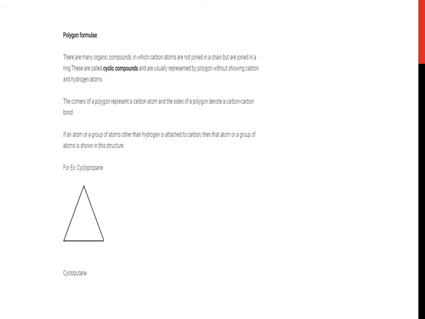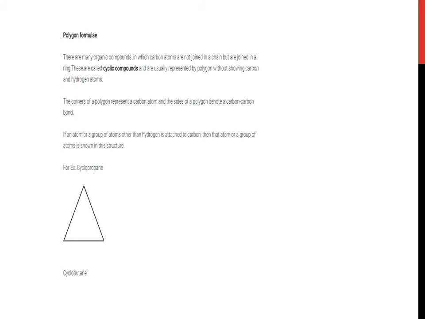For example, you are dealing with cyclopropane. It contains how many carbon atoms? It contains 3 carbon atoms, and the word cyclo indicates it's a polygon formula. It means there must be fewer hydrogens so that it cannot be written in terms of a chain.